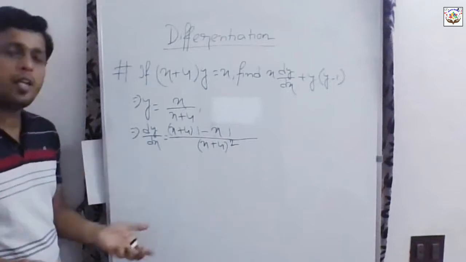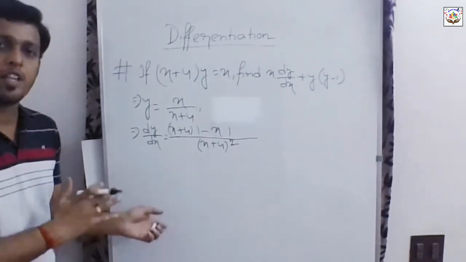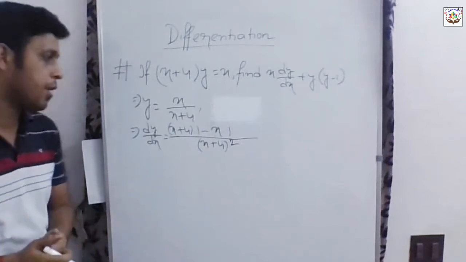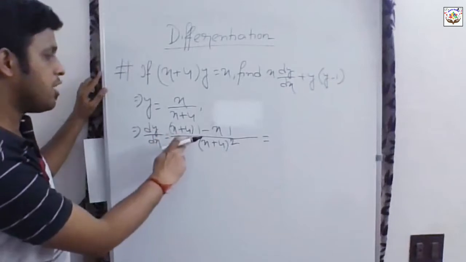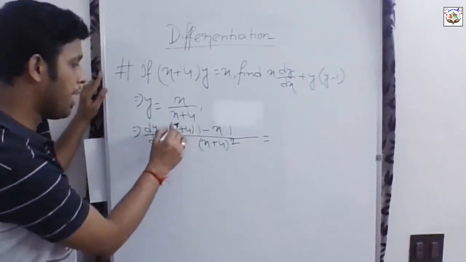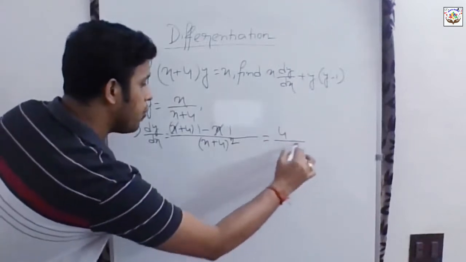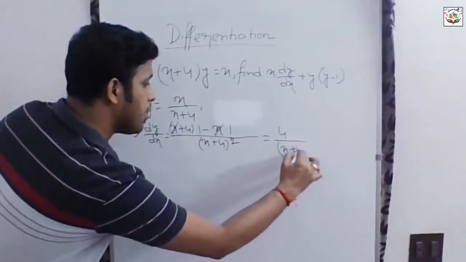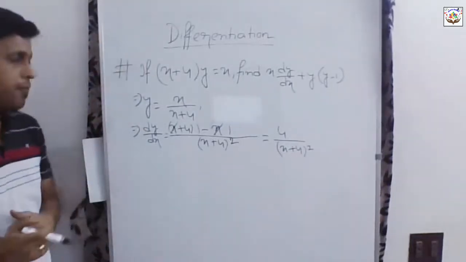So whatever be the d/dx of x, the same will be for d/dx of x plus 4 or x plus any constant number. Okay. So from here we can see we have x plus 4 minus x. That means plus x minus x will be cancelled out. So we have only 4 divided by x plus 4 whole square as the dy dx, right?